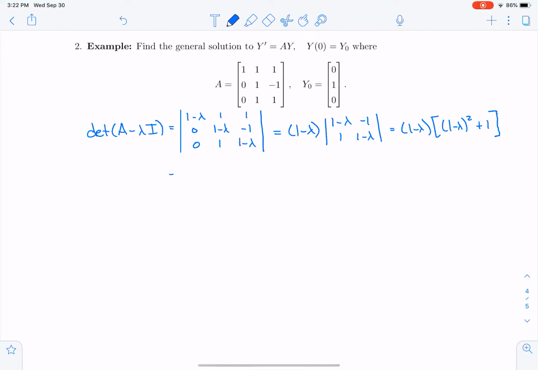Another way that we can write that is 1 minus lambda times, if I expand that out, I get lambda squared minus 2 lambda plus 1, so that gives me plus 2.